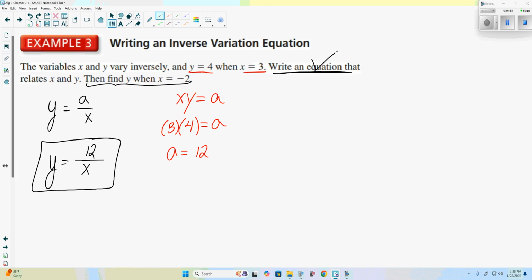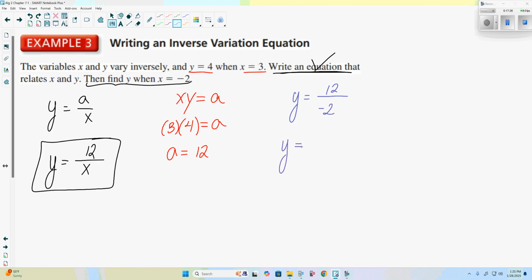So we found the first half of the answer. Write an equation that relates x and y. Y equals 12 over x. Then what? Find y when x is -2. So all we've got to do is take the equation y equals 12 over x and replace x with what? -2.